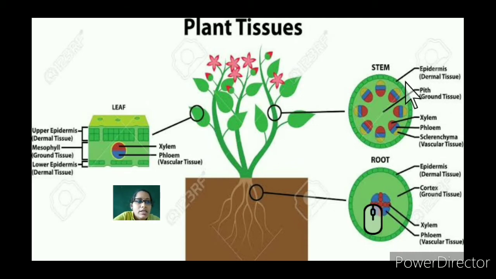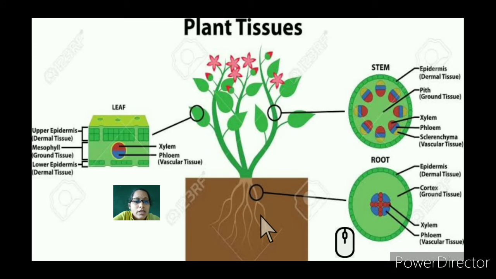Let's understand when we take a stem and cut it across, there is a cambium. You can see different types of tissues here in the stem: epidermis, pith or the ground tissue, xylem and phloem, or sclerenchyma, which are all vascular tissues.